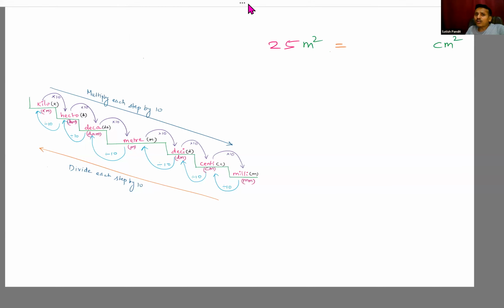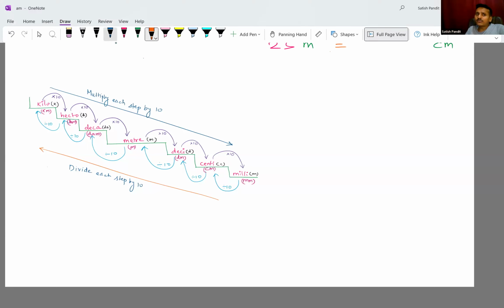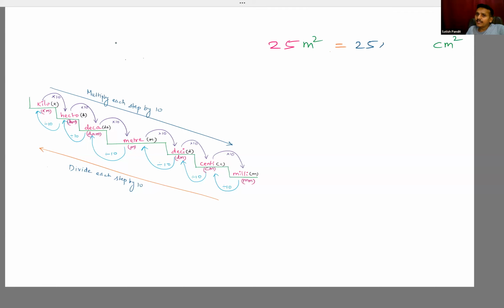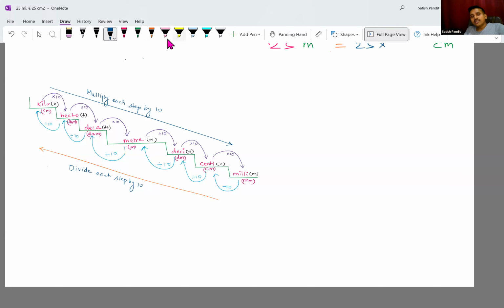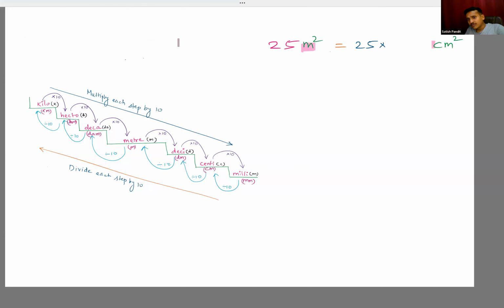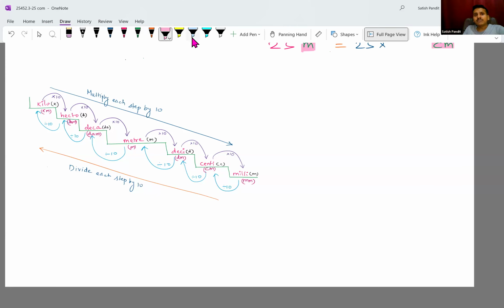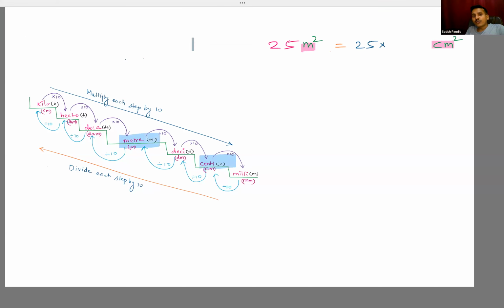See, 25 is a constant, a fixed number, so write 25 as it is, into. Whenever you want to convert area, first you convert the base, meter to centimeter. Meter is here and centimeter is here, so two jumps. And the jump is down. Whenever the jump is down, we put a positive power.